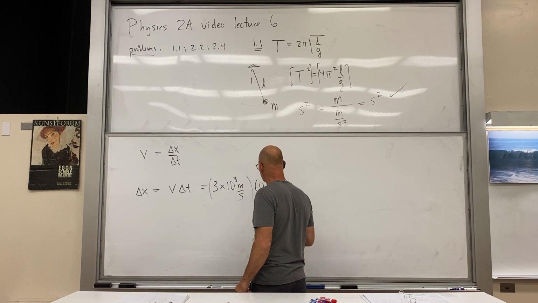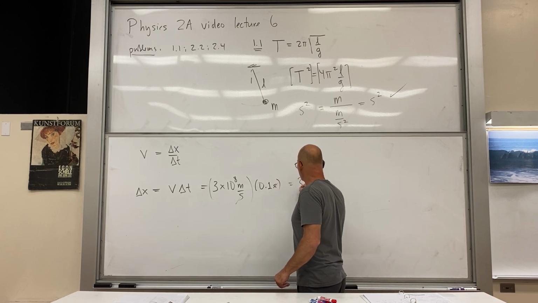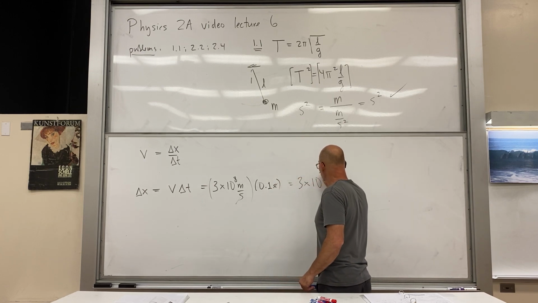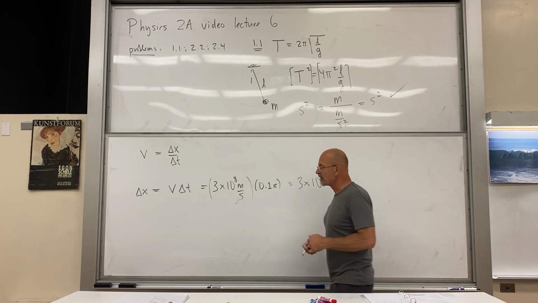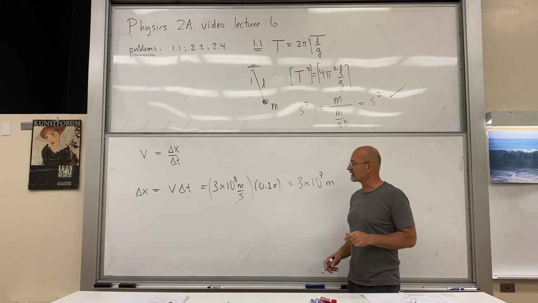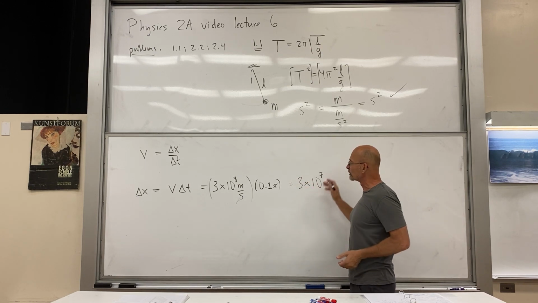We see we get the cancellation in the units, and that's 3 times 10 to the 7 meters. Now, I'm not big on conversions in the sense of I don't do them in class. We have everything in terms of meters per second and we're fine.